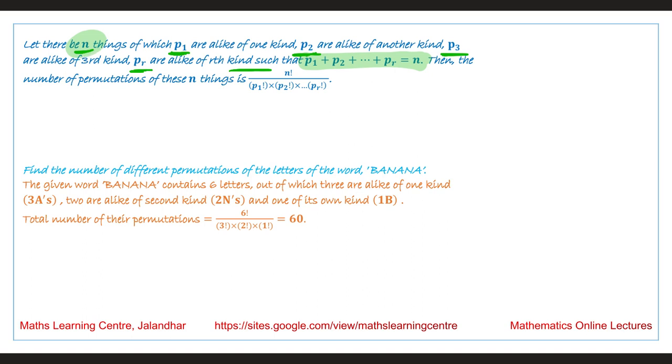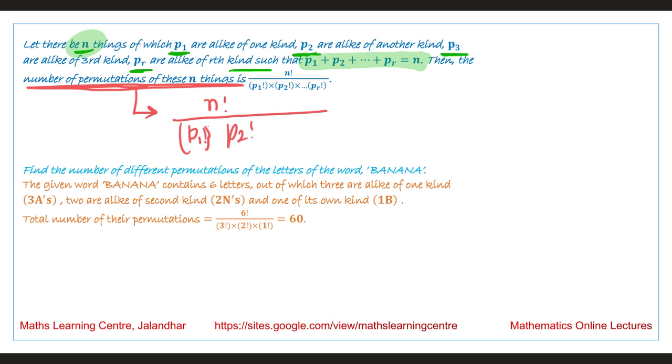Then the number of permutations of these n things is n factorial over p1 factorial, p2 factorial, and so on up to pr factorial.